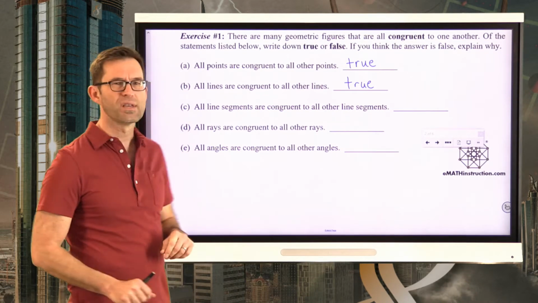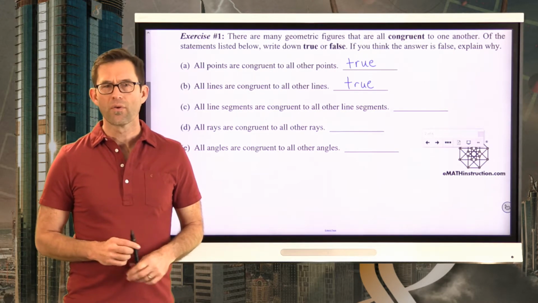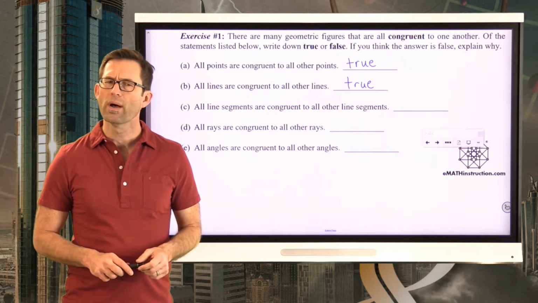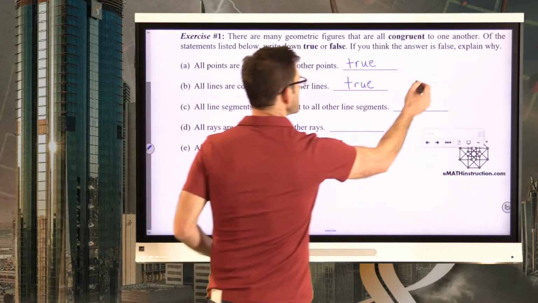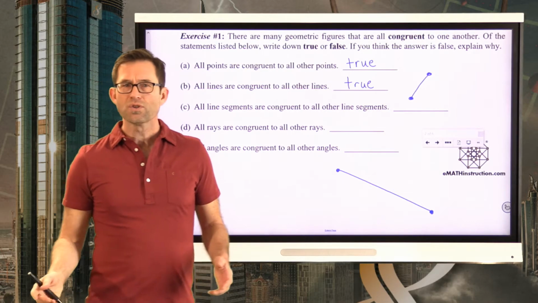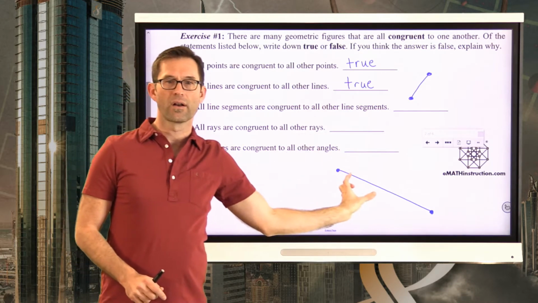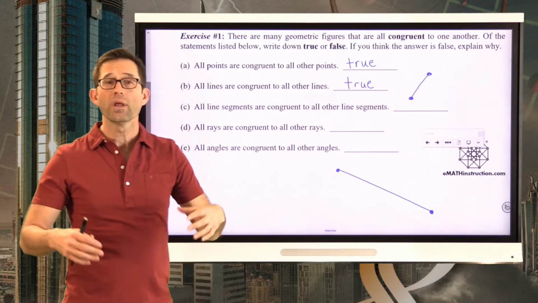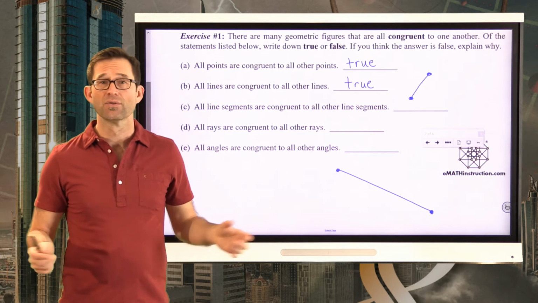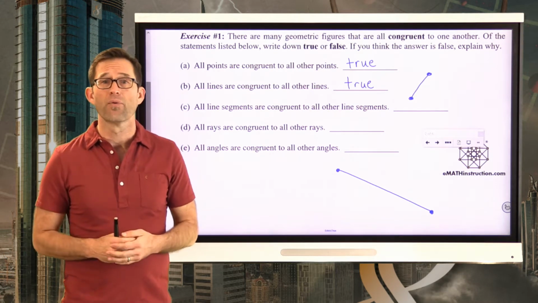Now, let's take a look at letter C. All line segments are congruent to all other line segments. Well, if I had this line segment, and then I had another one down here, the question is, if I traced this on a piece of tracing paper and brought it down here and laid it on top of this one, would they be identical geometric objects? Would they completely and utterly line up with one another?